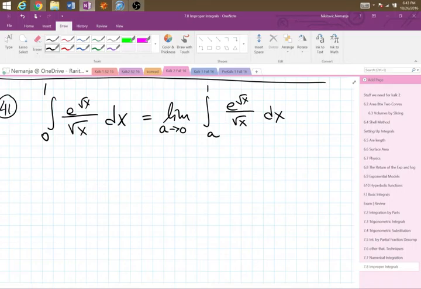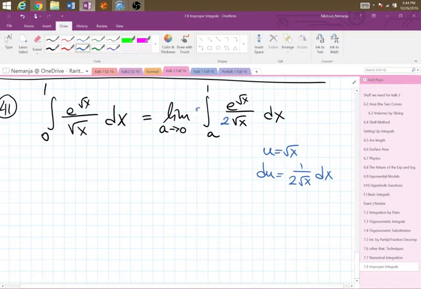We are going to use u-substitution now. U equals the square root of x, because we know we can integrate e to the x, right? So you are replacing all of that square root of x with one variable u, and then du is equal to 1 over 2 root x dx, which is awesome. So if I just fix this with a 2, you can put the 2 in front of the integral or in front of the limit, it doesn't really matter.